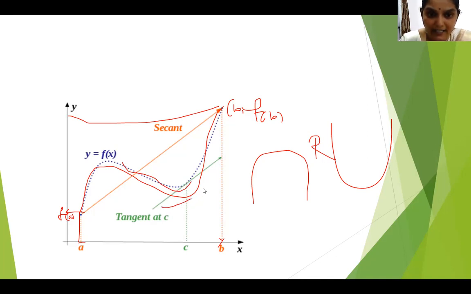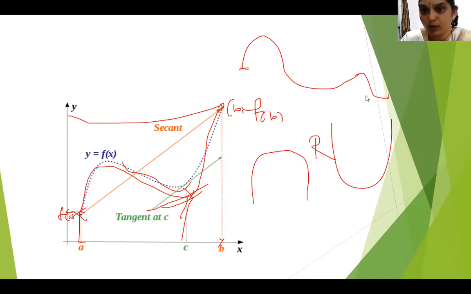If you draw a tangent at some particular point, there exists a point C where the tangent is parallel to the line joining A, f of A and B, f of B. Suppose the curve is like this, with A and f of B. If you join these two, there is a tangent drawn at some point which is exactly parallel to this line. We call the line joining A comma f of A and B comma f of B the secant, and the other line is called the tangent to the curve.